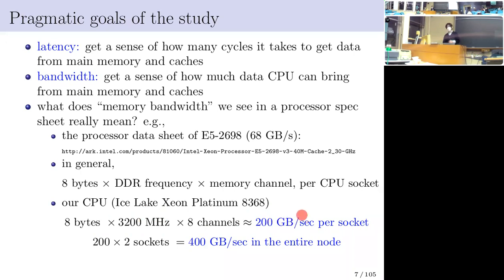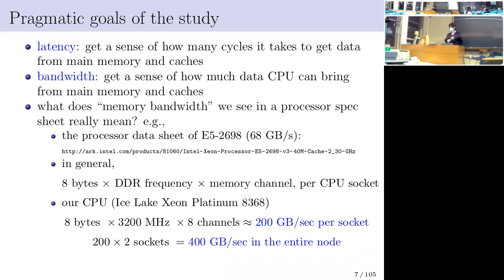So this is what Intel would advertise as the maximum memory bandwidth of this processor. And if you have 2 CPUs on a single host, as our environment does, then in theory you get something like 400 gigabytes per second in the entire node.